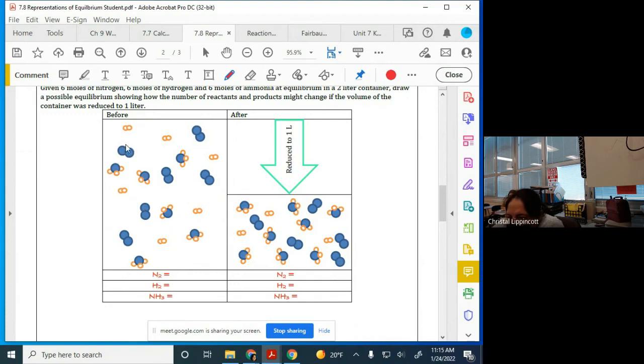And when I'm doing this on a diagram, I'll typically write the numbers above them so that I make sure that I don't double count. So 1, 2, 3, 4, 5, 6 of these.